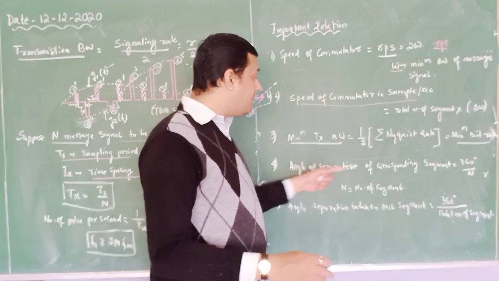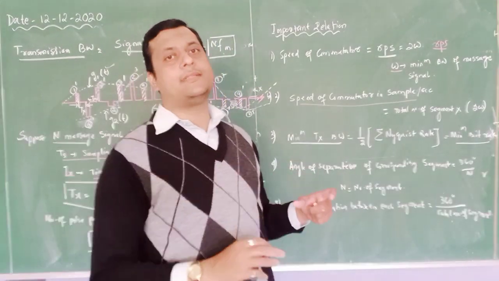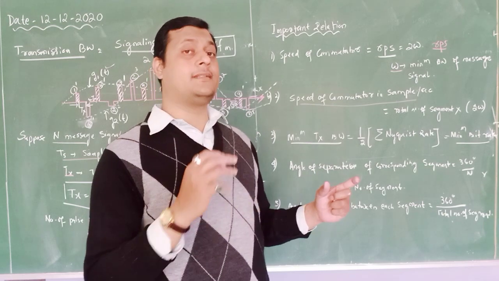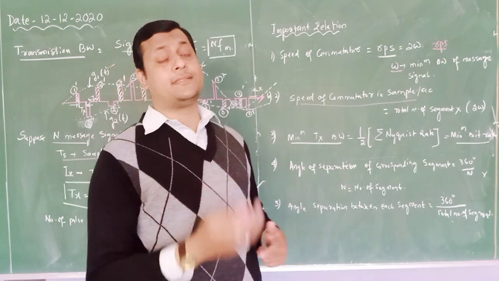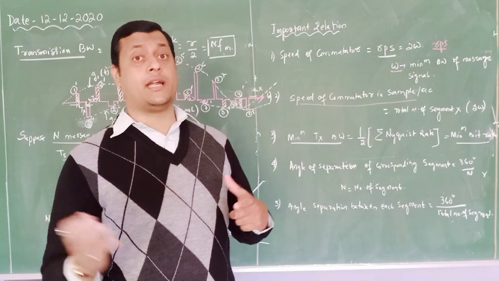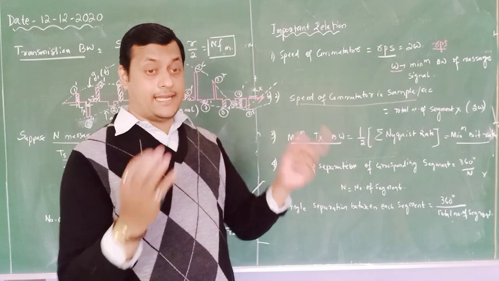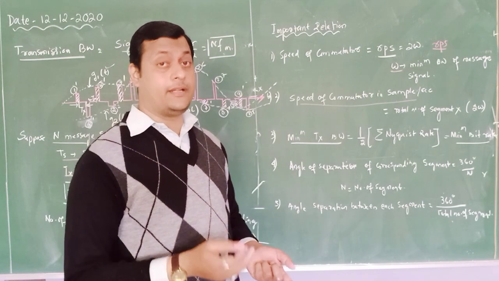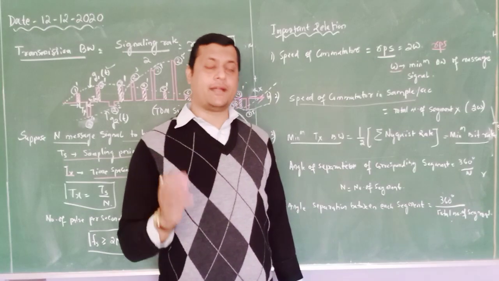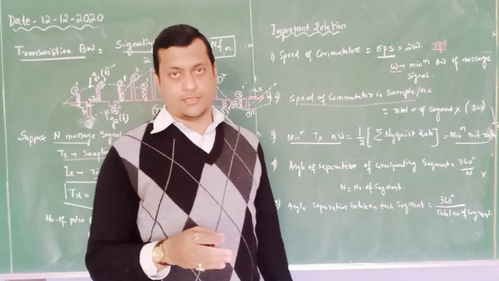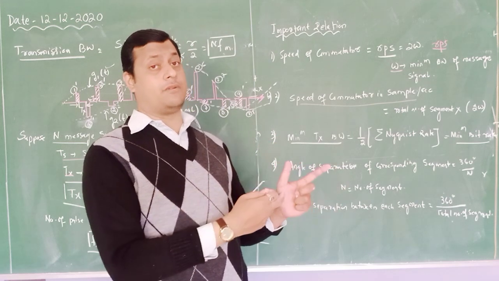Second, the angle of separation of the corresponding segment. Suppose the first message signal is present. I need to decide how many segments can be formed, and depending upon this, at what particular angle each segment can be placed while designing a particular commutator. So 360 degrees is one revolution, divided by the number of segments. Suppose for message 1, how many segments are required?